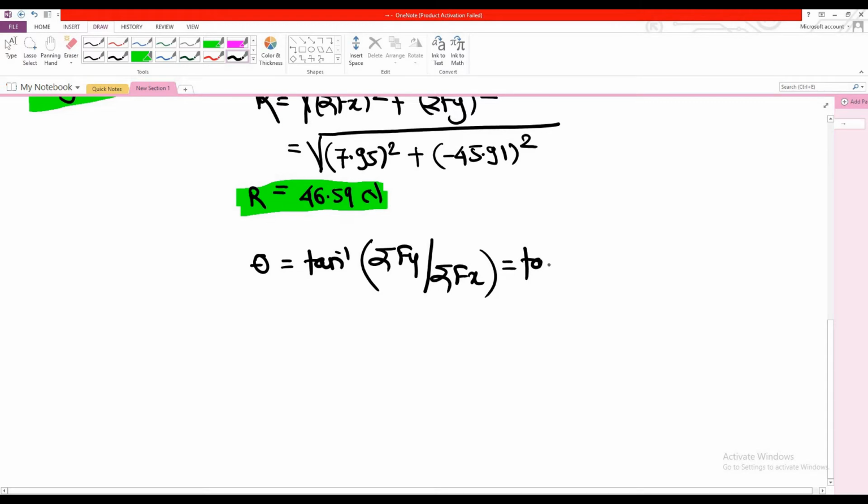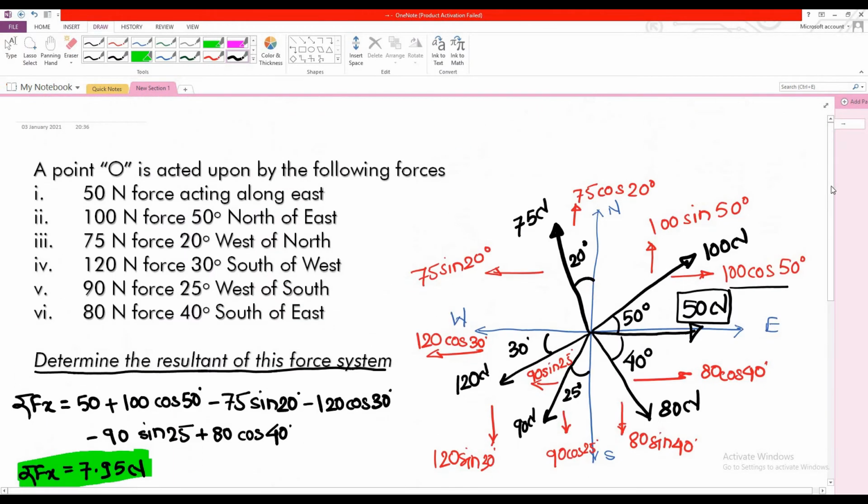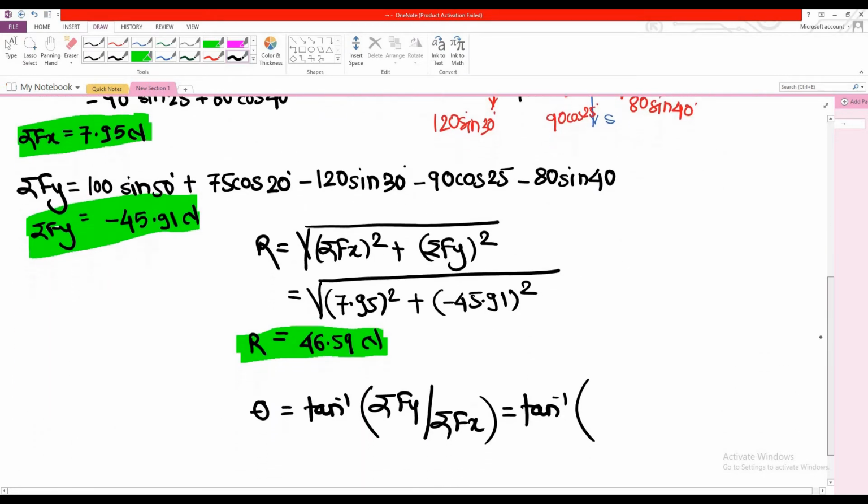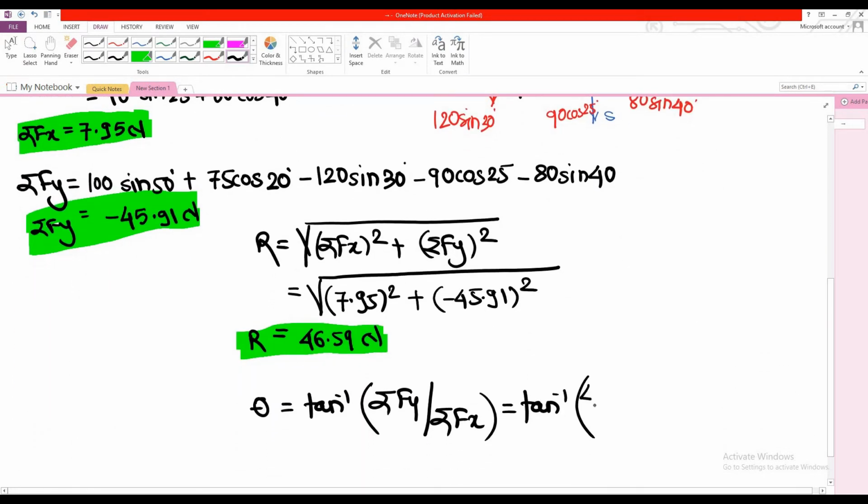Now the summation Fy value is 45.91. Again I repeat, you don't have to consider the sign, you just have to use the magnitude of summation Fy and summation Fx, here 7.95. Therefore the value of theta comes out to be 80.18 degrees. Again highlight this because it is going to be there while we draw the final diagram.